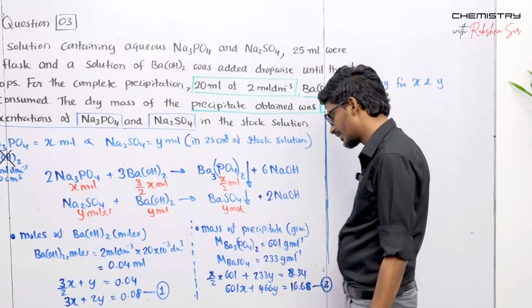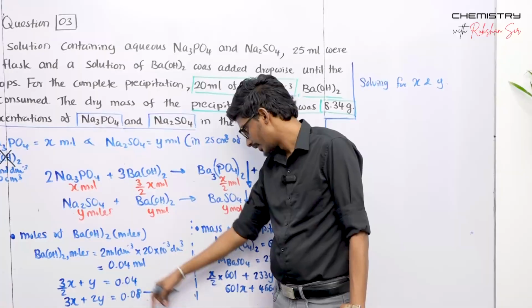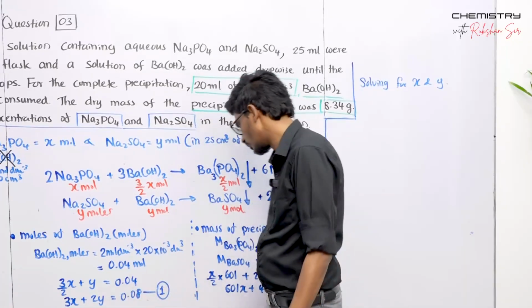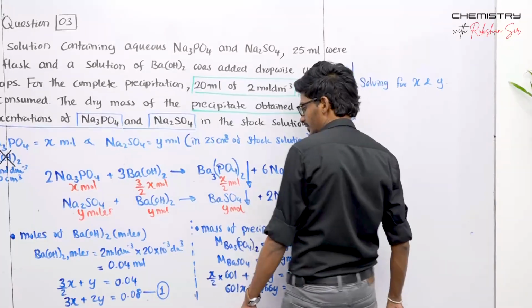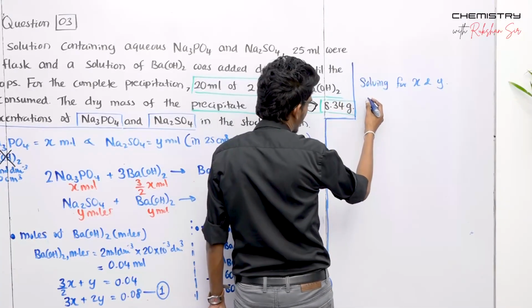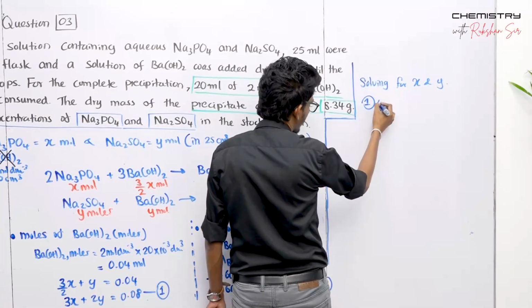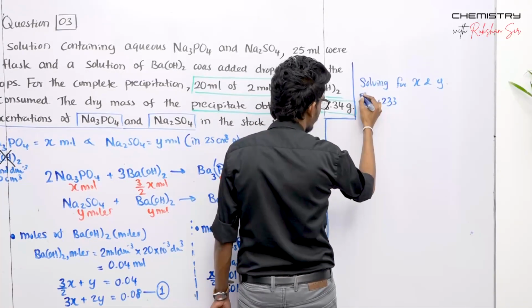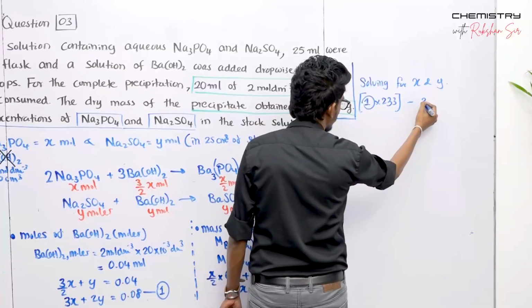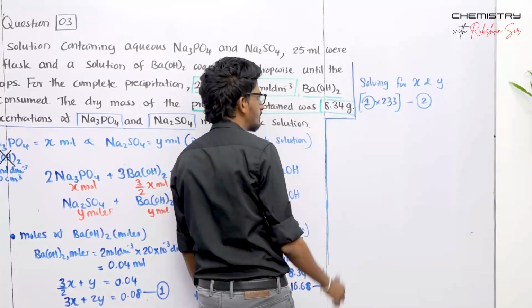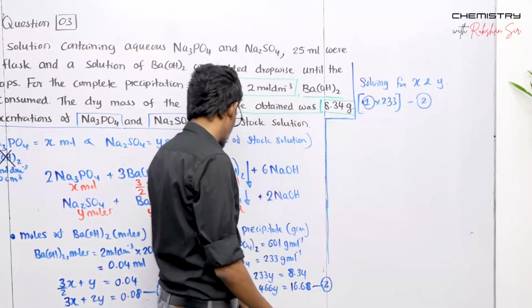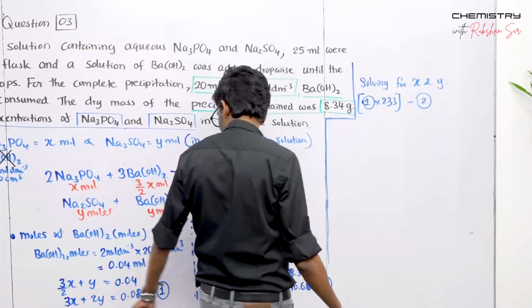With the 2 to the 3, this is going to be a larger number. So let's take it like this. Let's multiply the 1 with 233, then minus 2, so that will get rid of y.